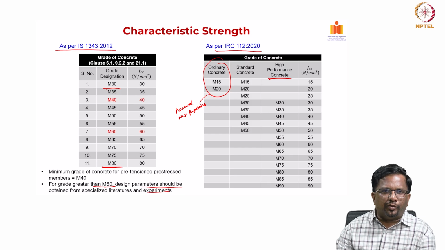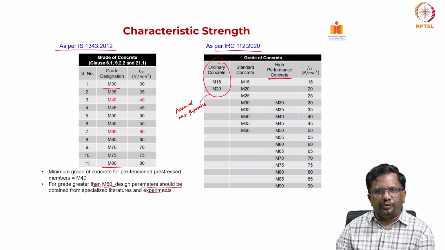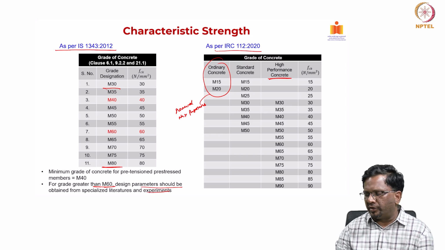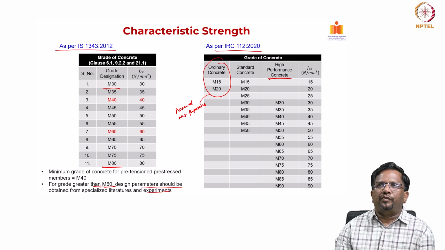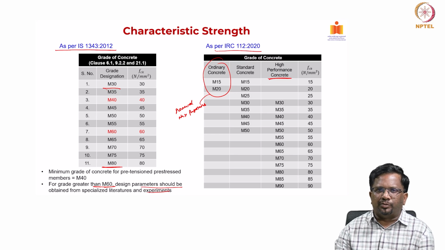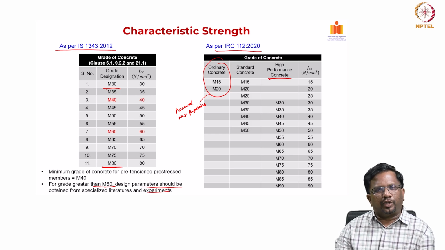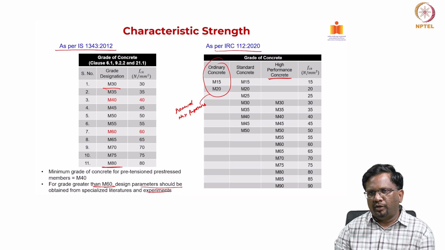Now, what is high performance concrete? Again, you can also look at my previous videos in the NPTEL course on advanced reinforced concrete design. We spend a lot of time on it. We try to improve the durability of the concrete by using supplementary cementitious materials like fly ash, slag, and so on. When you carefully design the mix, you develop a dense microstructure and you end up with a more durable concrete.